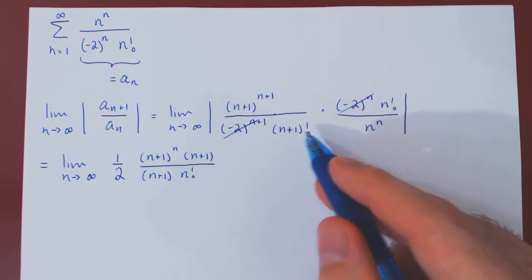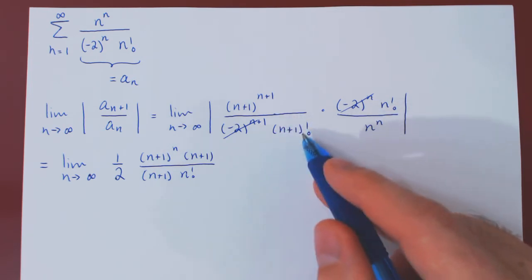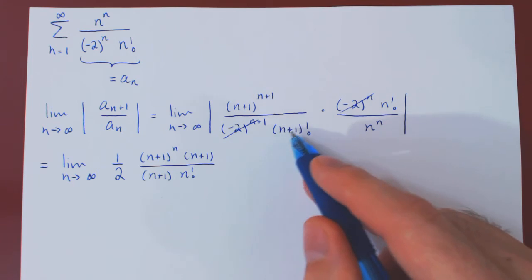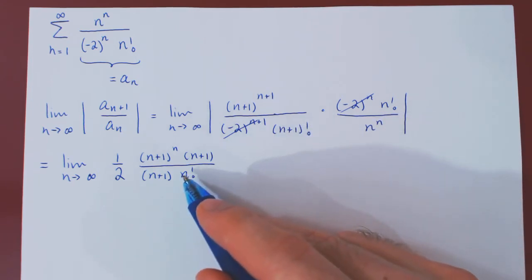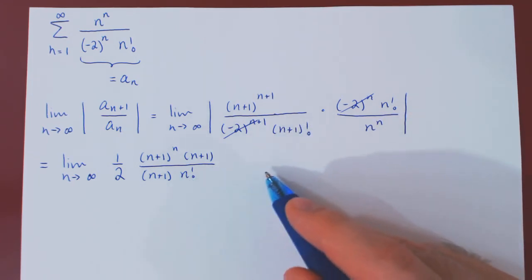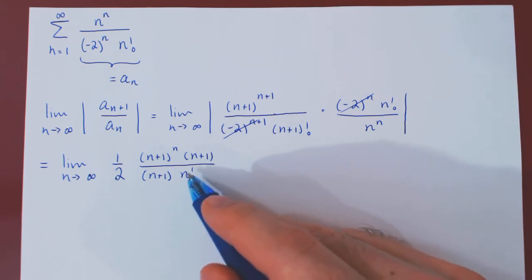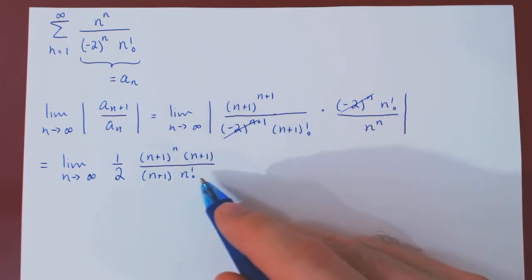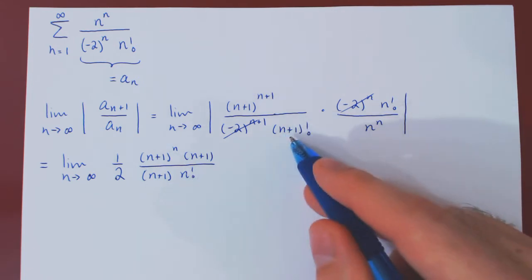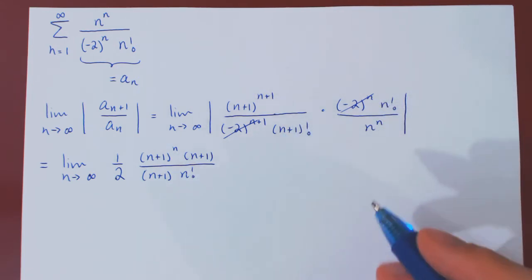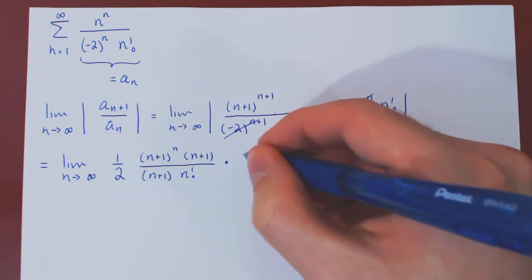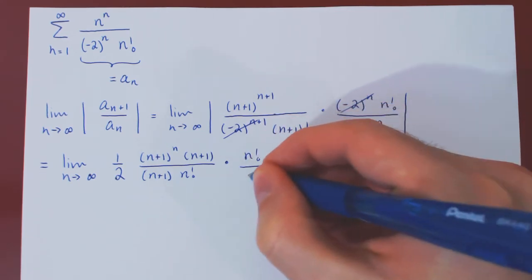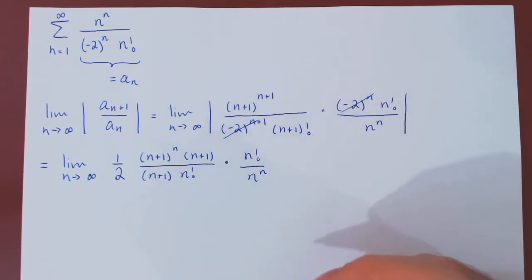If you remember, this is simply the product of the first n+1 integers, so (n+1) times n times (n-1) all the way down to 1. But the product of n times (n-1) all the way down to 1 is simply n factorial. And I will leave these two terms as they are, so times n factorial over n to the n.